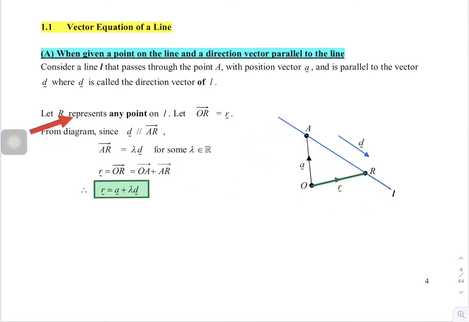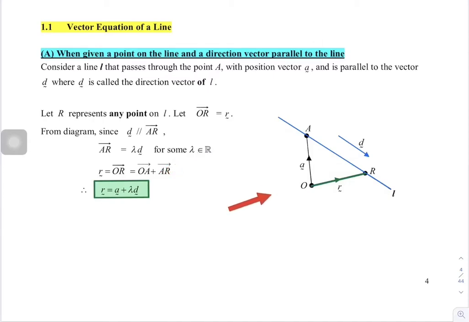Now if we let R represent any point on line L, the position vector of the point R is represented by this vector r. From this diagram, since d is parallel to AR, we can write the vector AR equals a scalar multiple of the vector d, for some value of lambda in the set of all real numbers.